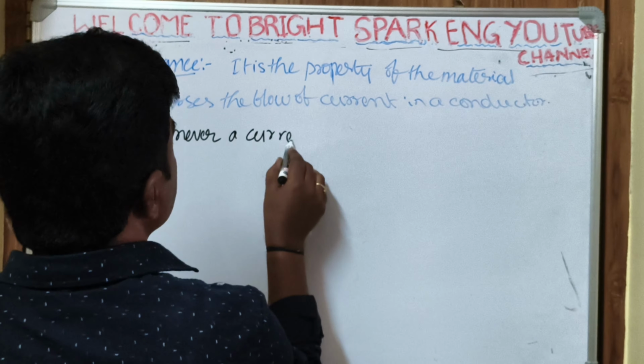It also means R is directly proportional to V: resistance increases, voltage also increases. These are the different forms of Ohm's law.